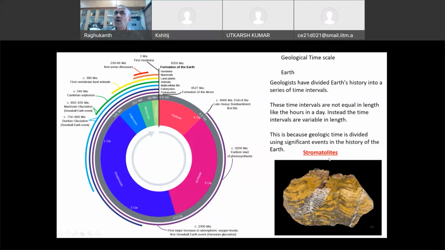Although Earth was 4.5 or 4.6 billion years old, people recently have found stromatolites in Australia or somewhere. This is a fossil. It has something like a microbial thing. They have found a stromatolite whose age is 3.5 billion years, or maybe four. Very old stromatolite. You can see these microbial things.